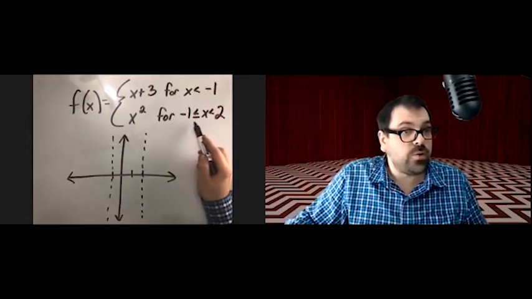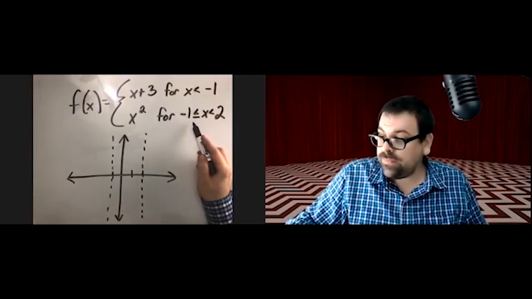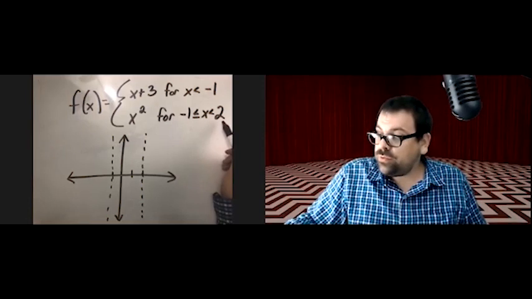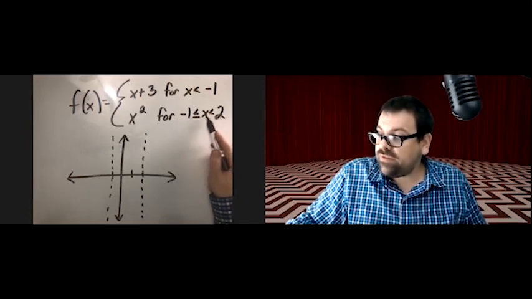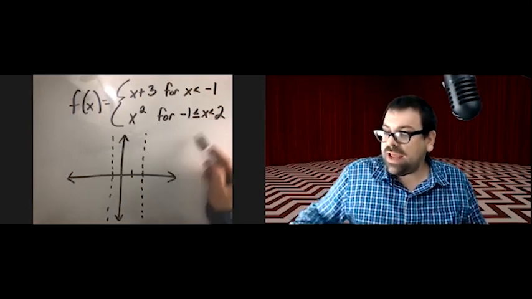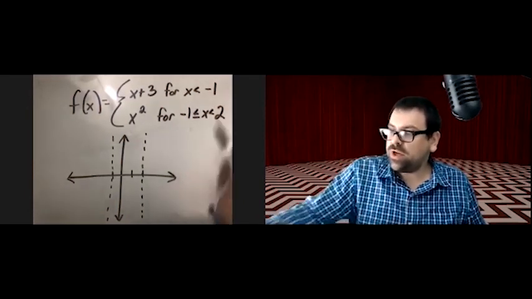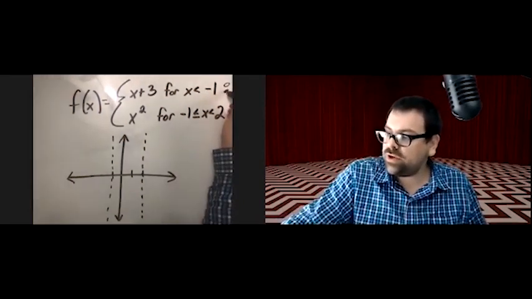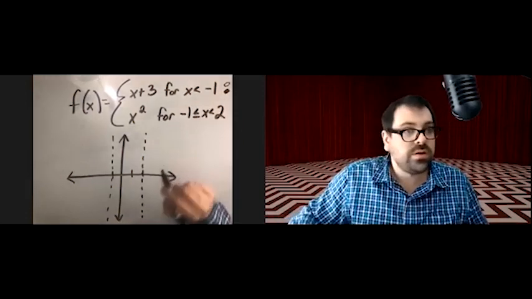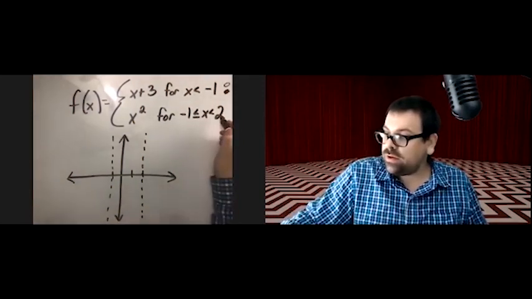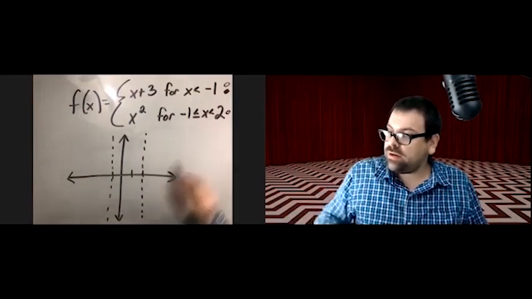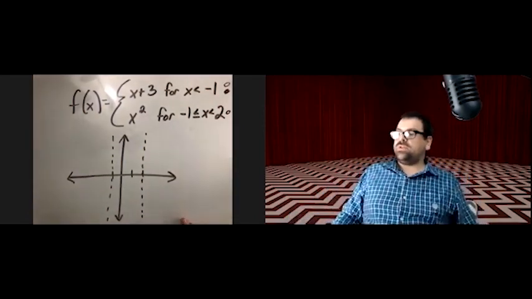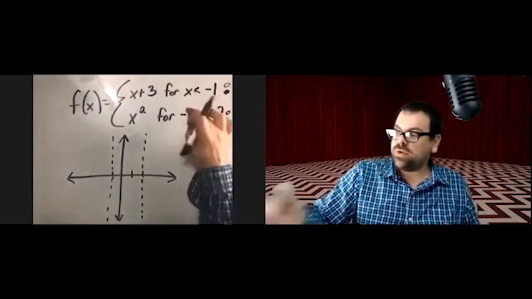We also have an or equal to. At 2, we're going to have an open circle because we have a less than 2, but we don't have another one with 2. Here, we'll have an open and a closed. Here, just an open for 2. At -1, we'll have an open and a closed.